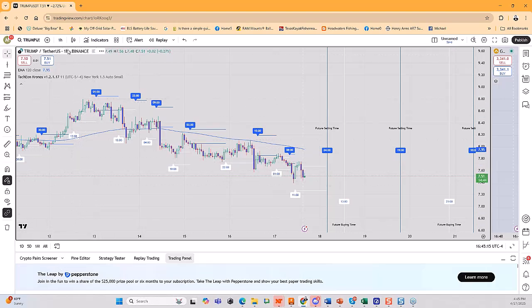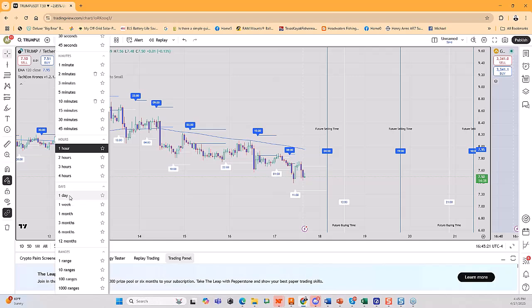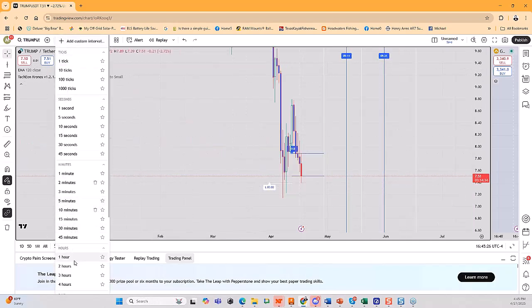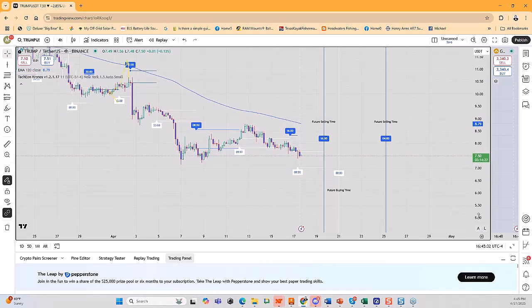We're seeing the manipulation in real time, right? We're seeing the manipulation and we're looking to see where those moves are likely to occur in the future.